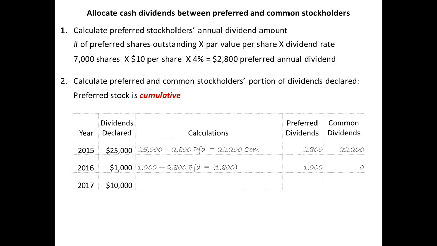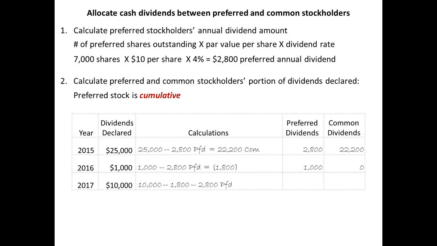Our calculation changes for 2017. The first amount that we'll subtract from the $10,000 dividends declared is the amount that we shorted preferreds in the previous year, $1,800. The official name for this is dividends in arrears. Then we'll subtract the preferred's annual dividend amount, $2,800.